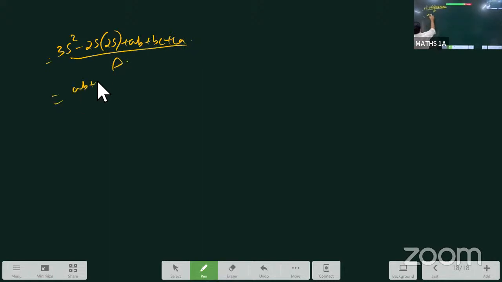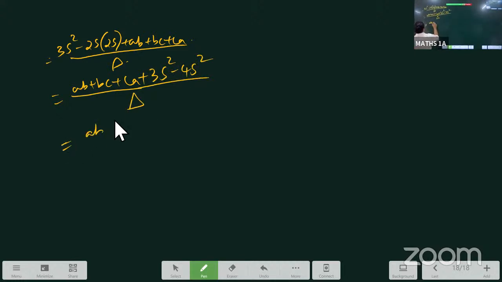So that is ab plus bc plus ca, plus 3s square minus 4s square by delta.